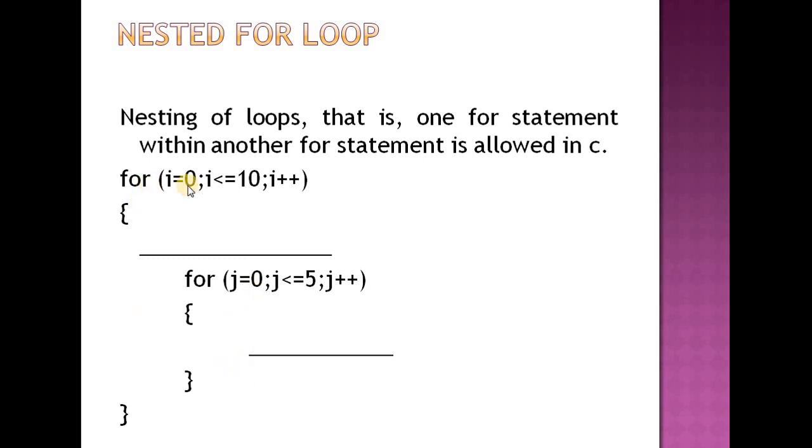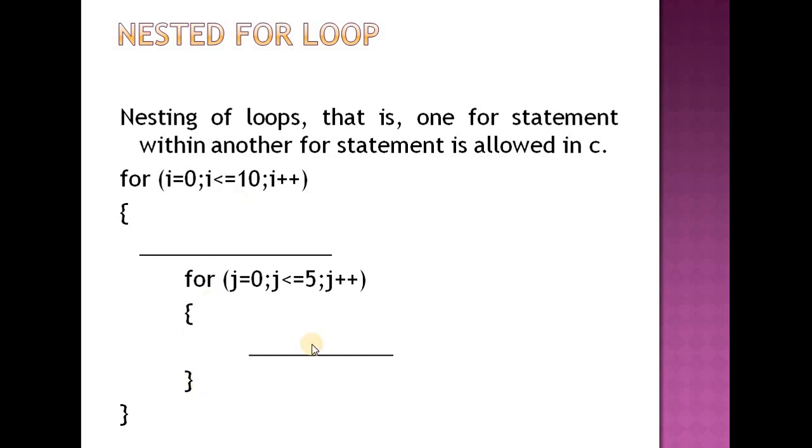So for the first time, if this condition is true, we'll enter this loop and then execute this loop. This loop will go on execution till this condition becomes false. When the inner for loop is completed, the flow of execution is passed to the outer for loop to continue the next iteration, after which the inner for loop is executed again.